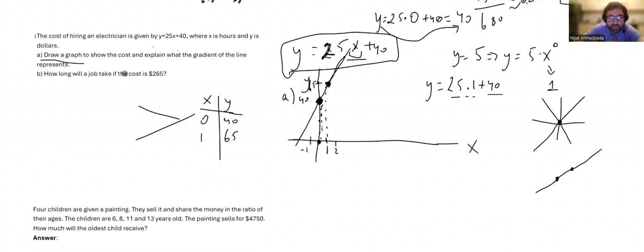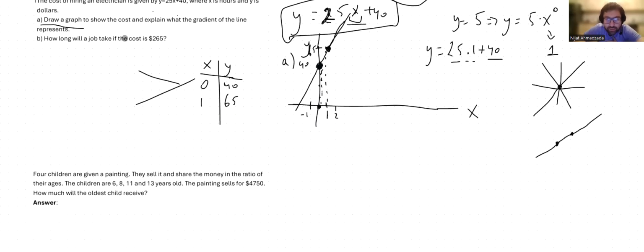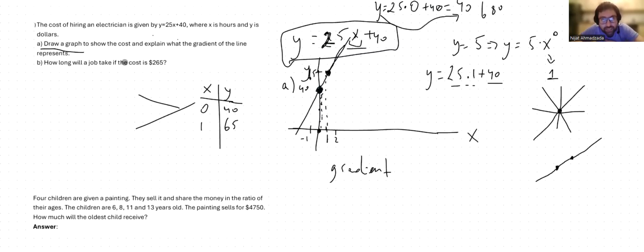Okay, gradient. So this guy, gradient is just y over x, something like that, okay? So here, in order to get the relationship between y over x, okay?